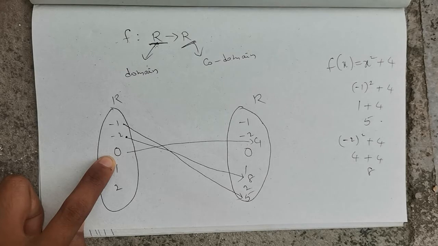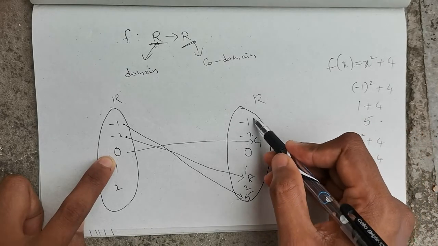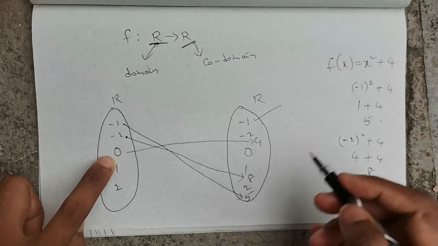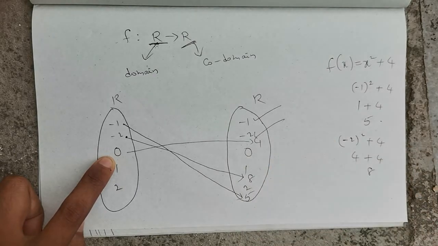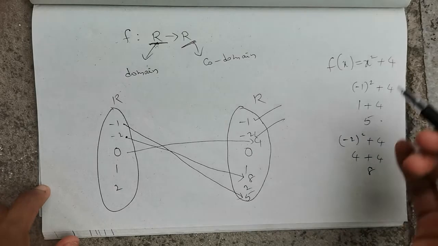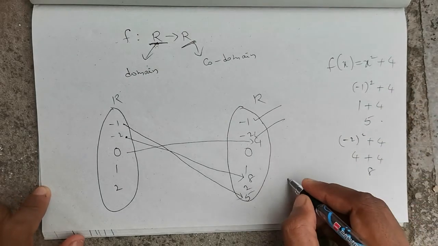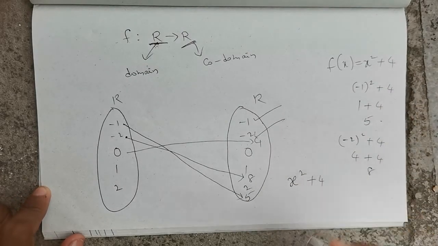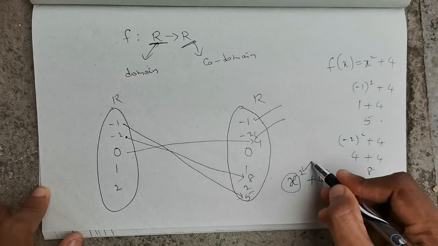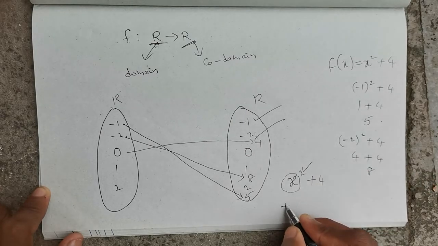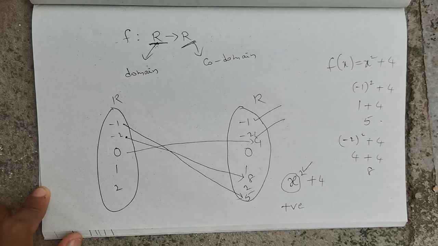Now is there any chance to get -1 as the answer, or -2 as the answer? Let us check. The given function is x square plus 4. In the place of x, if we substitute a negative number or a positive number, we are doing a square, so compulsorily we will get a positive number only.